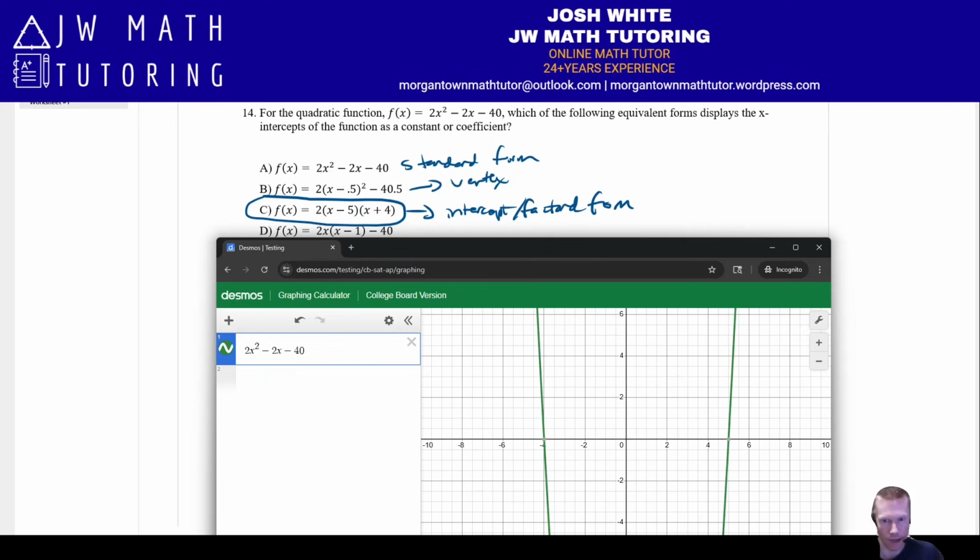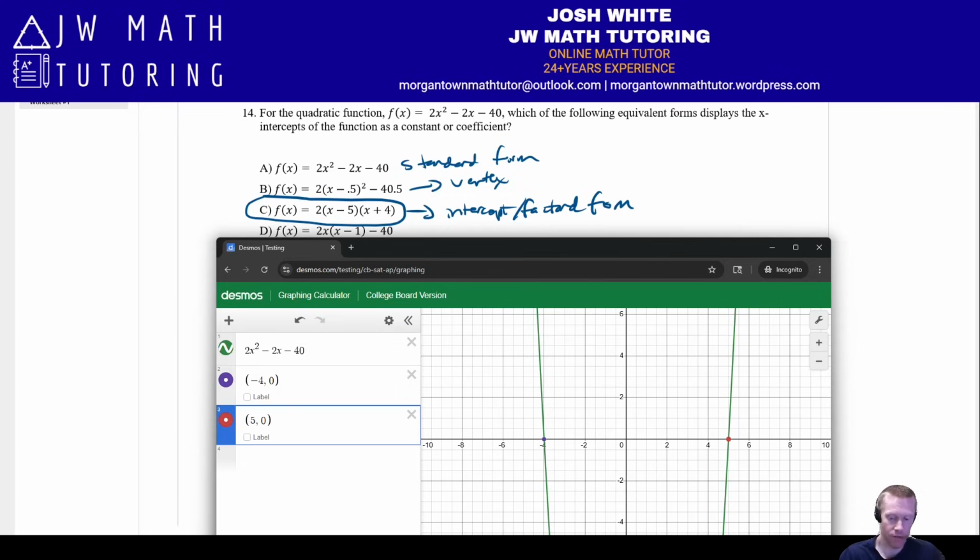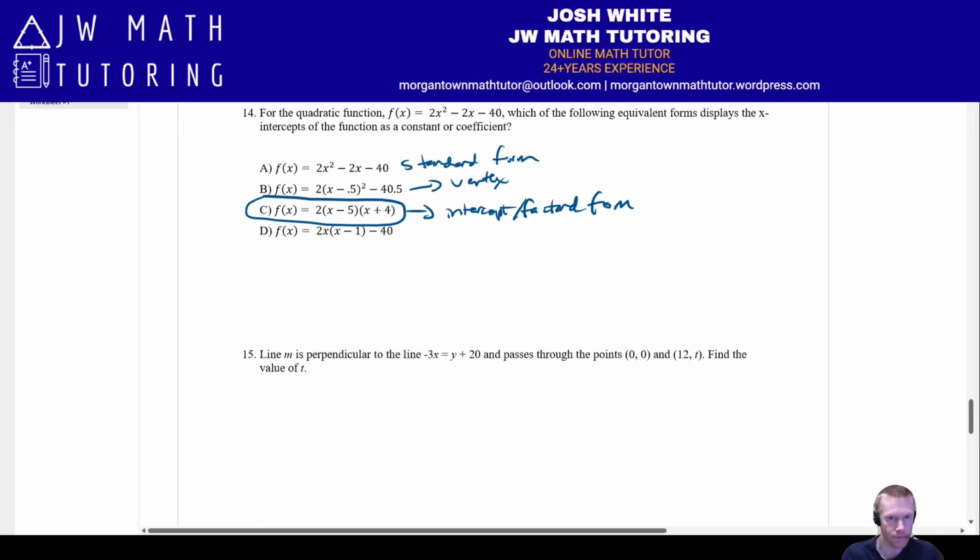Okay, let me just go back to, okay, what are my x-intercepts? -4 and +5. So I'm looking for a function which has those two values in it, -4 and +5. Now, the thing that might be a little bit confusing is that here you see -5 and +4, but technically we can say that this 5 is a constant.